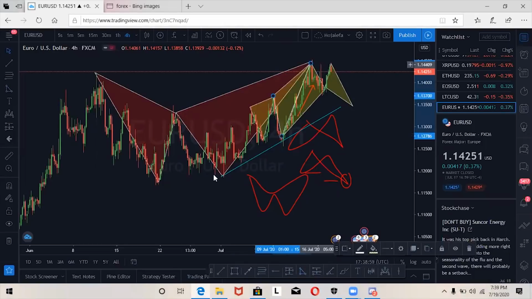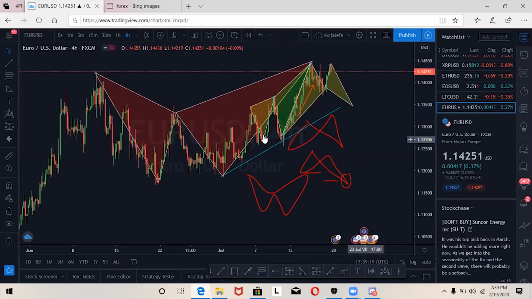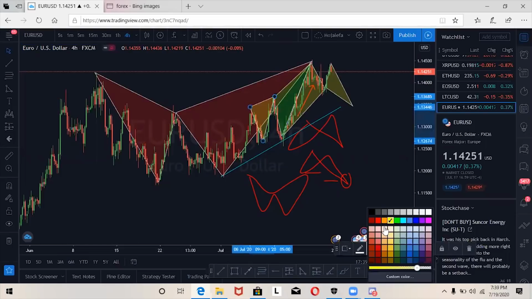You see, guys, this is easy. This is easy, and I love the fact that when you're doing harmonics, you are actually able to know, for example, if I see this pattern, I'll definitely know where the market is going next.